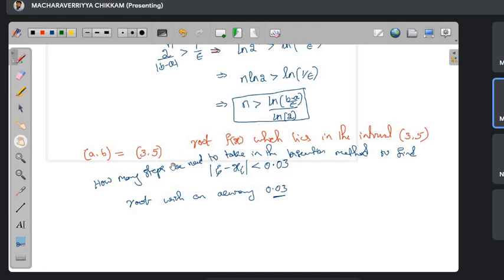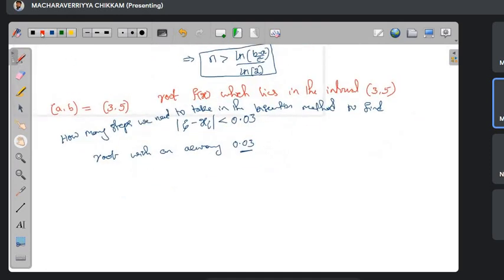The formula suggests that you find an n which is greater than ln of (b minus a) by epsilon, divided by ln 2.